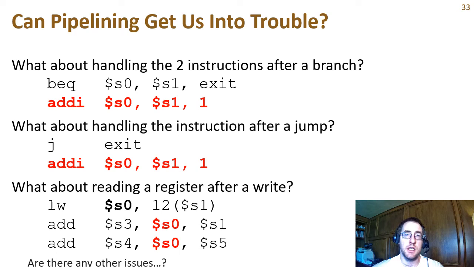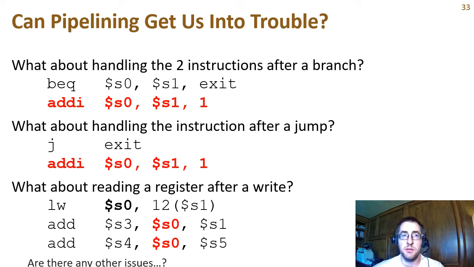So the instructions after the branch, that add I instruction, if the branch is taken, we wouldn't want to execute that add I instruction, because in the sequential flow of the program, we expect that if a branch happens and you follow that branch, then you don't execute the instructions that follow that branch. So we have to make sure that that happens in our processor design. So instructions after a branch can be a problem. Same with instructions after a jump.